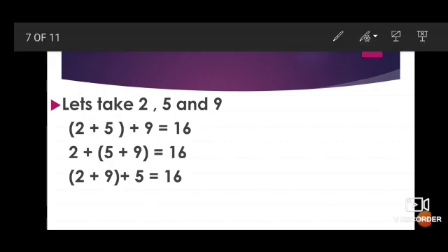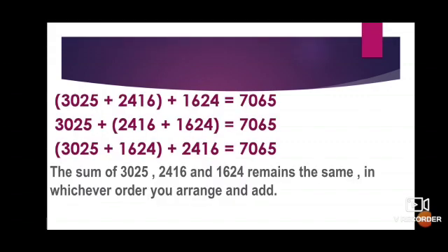The same we can prove by adding 4-digit numbers. We have again grouped these 3 digits in 3 different ways and we have checked the answer. The numbers are 3025, 2416, 1624.